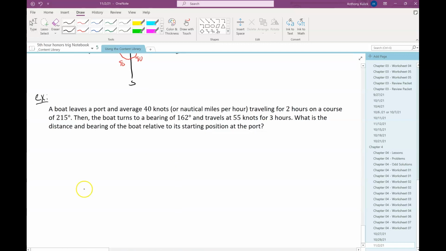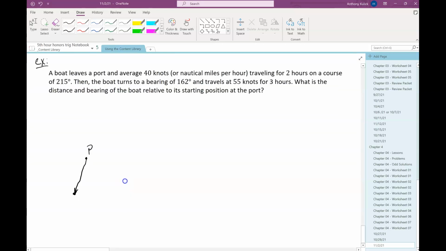So if we think about this, we go here, this is the port, and then from here we go like this, and we're asking for that spot, right?